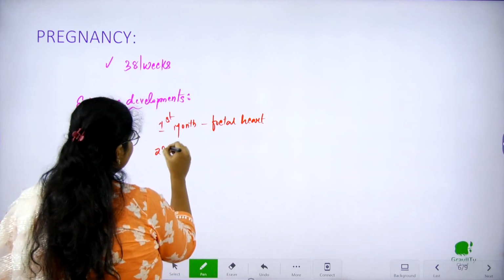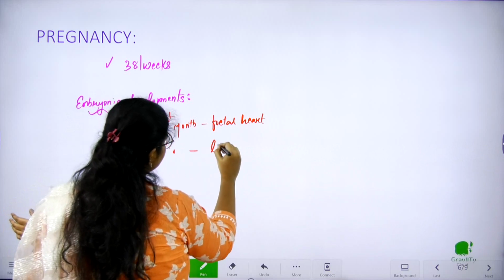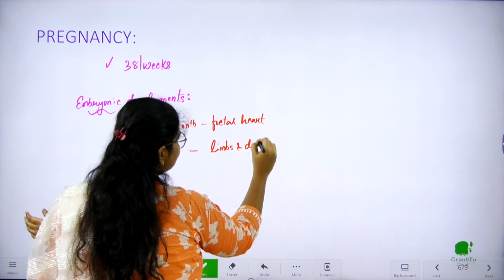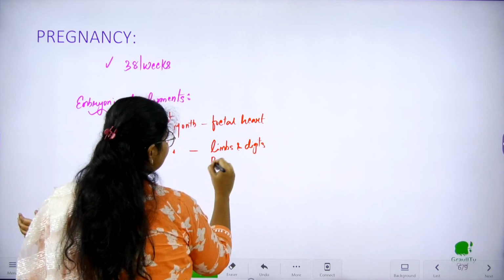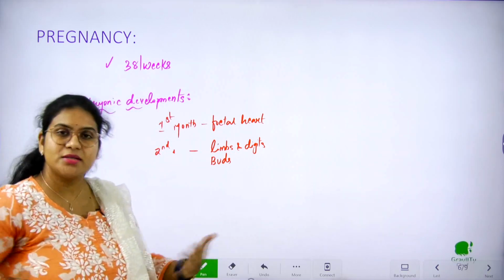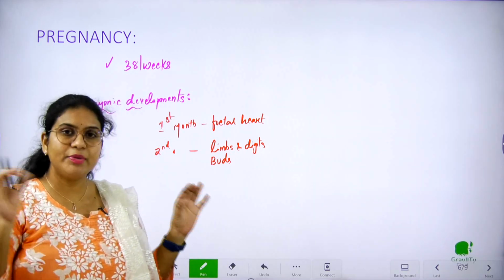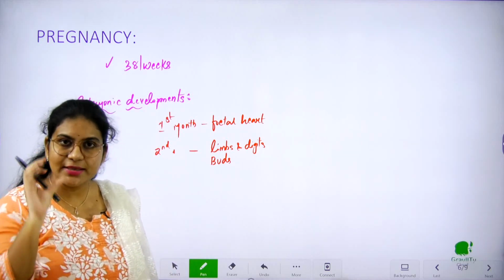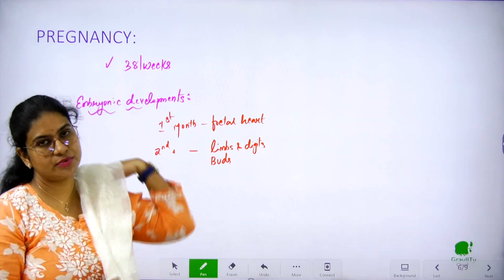By the end of the second month, limbs and digits. Actually, you don't call them limbs. You should be calling them limb buds. Guys, limbs are full hands and full legs, isn't it? Limb bud means tiny projections will appear here and here. So bud-like structures will be seen.